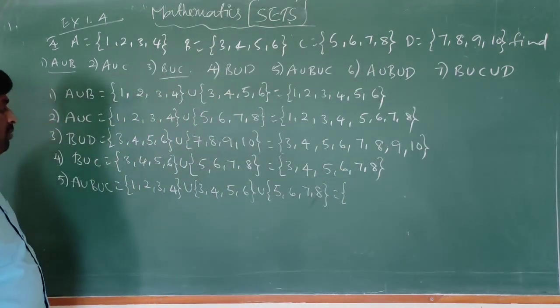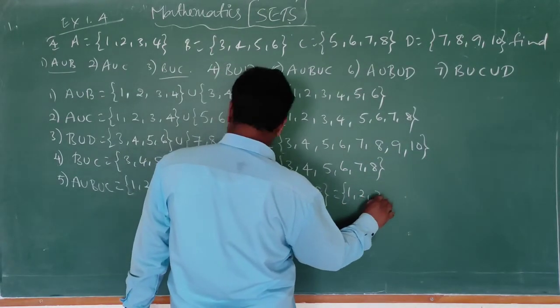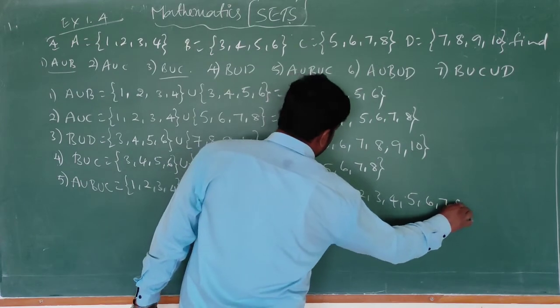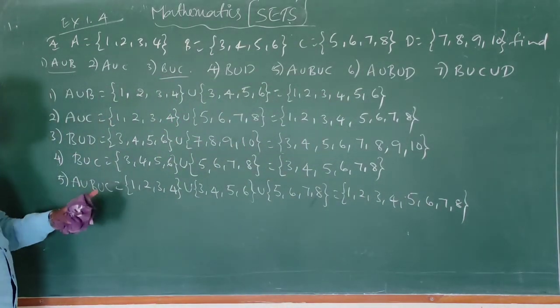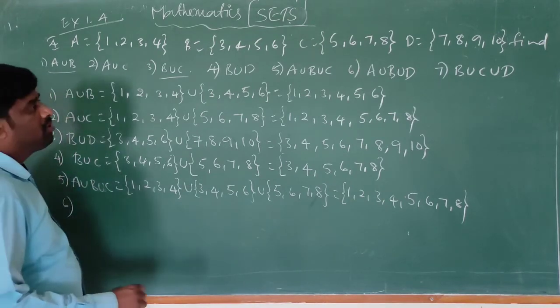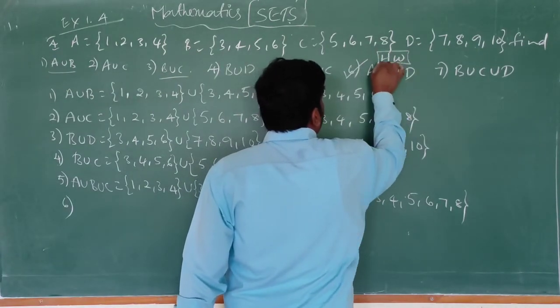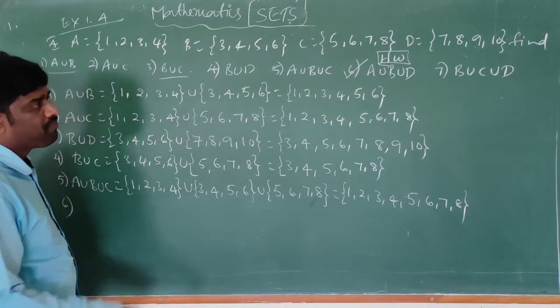Now A union B union C is 1, 2, 3, 4, 5, 6, 7, 8. This is A union B union C. Next question, this one is homework for you. You have to do it yourself.